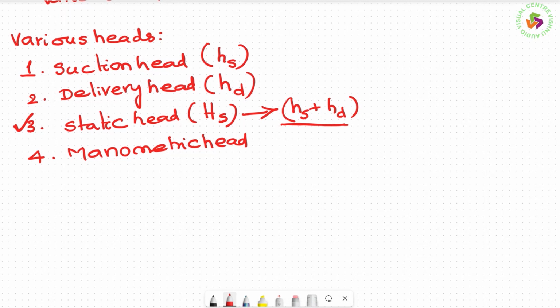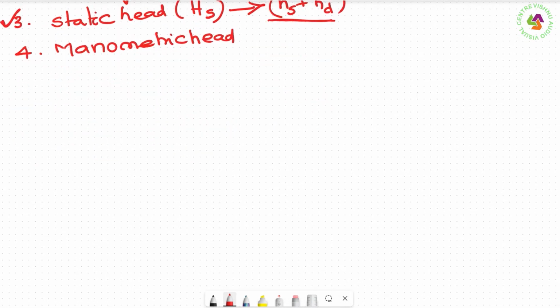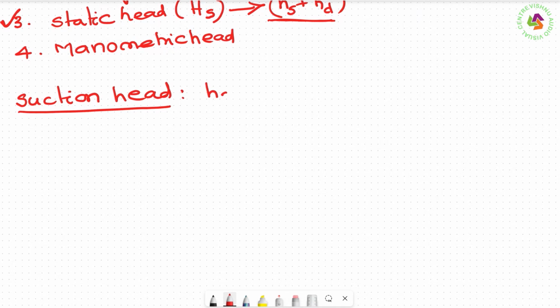So what is it? You also can visualize. Actually, what is suction head? Just refer to the figure of the centrifugal pump once, wherein we have drawn all the components. If you see first, then it will be very easy to understand the definition. My sincere request to you all is just look at that components part. What is that actually?